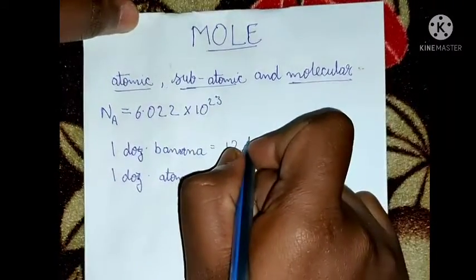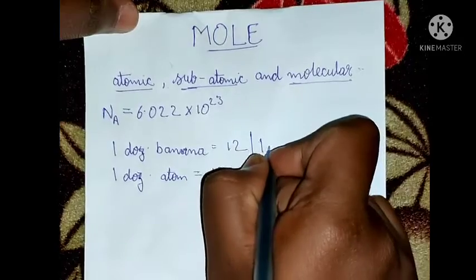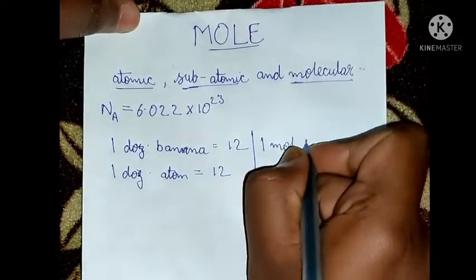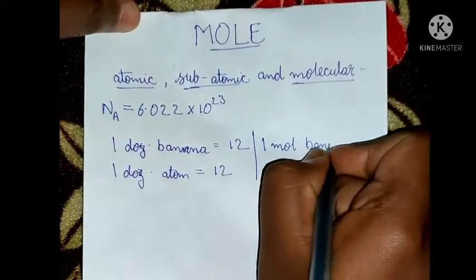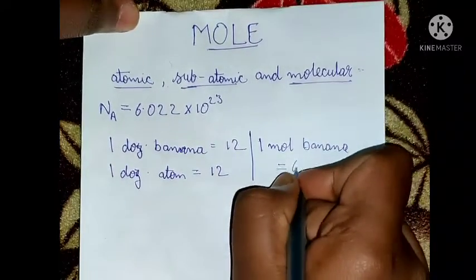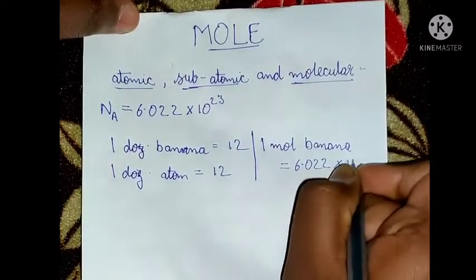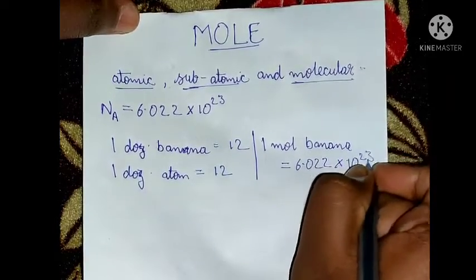Similarly, we can apply this to mole. If I say I have 1 mole banana, then what does it mean? It means that I have 6.022 into 10 to the power 23 bananas.